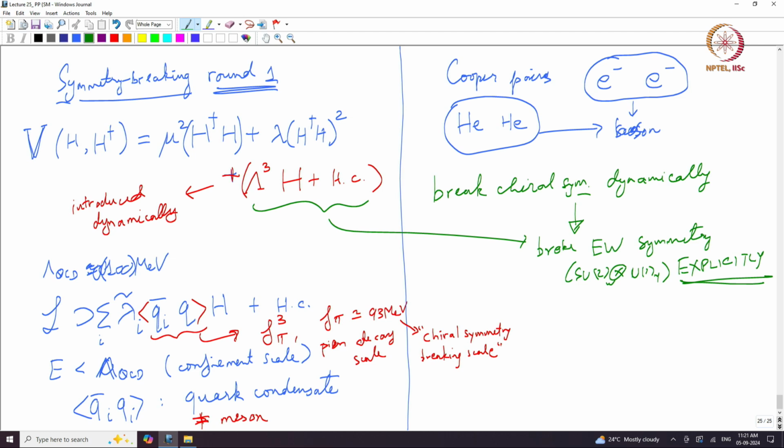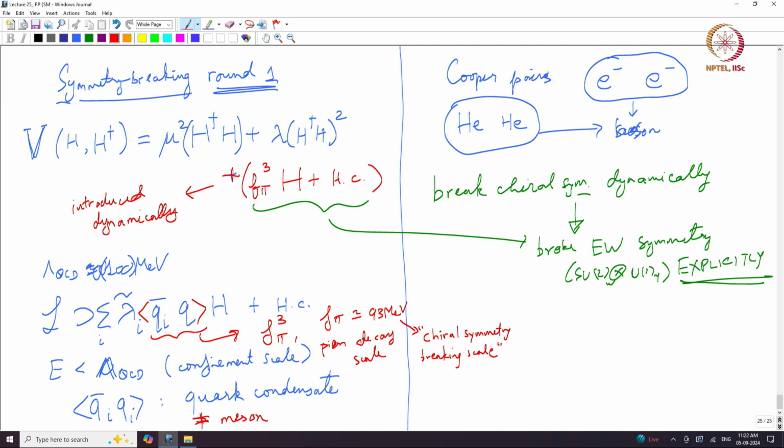Good. So, let us see whether this really could be the mechanism that nature chose for us. As you can see, I am going to replace the lambda with an f pi now, because we now know what that scale actually is, right.